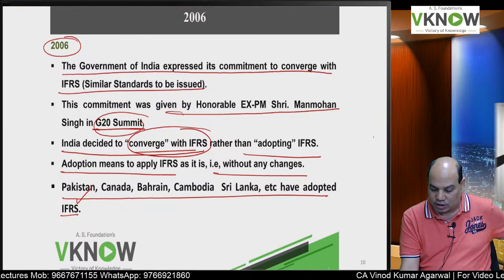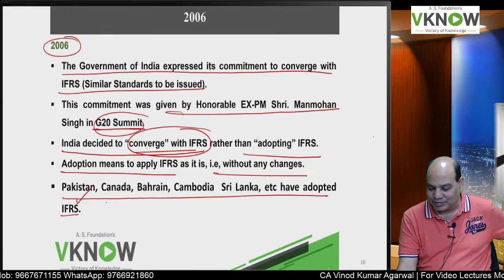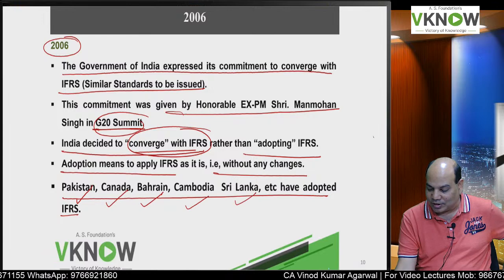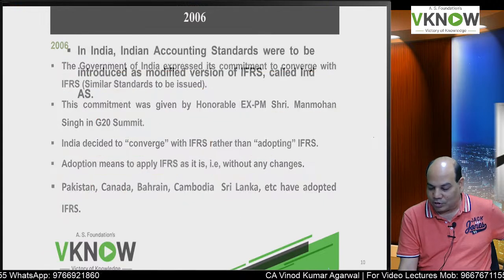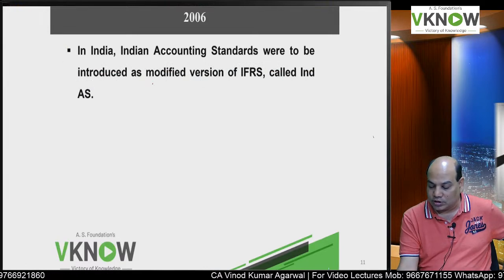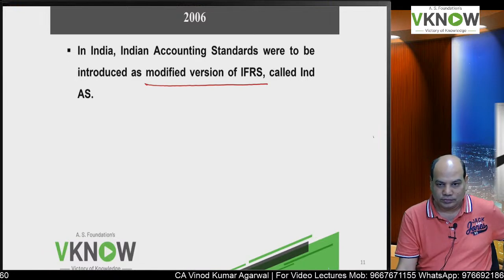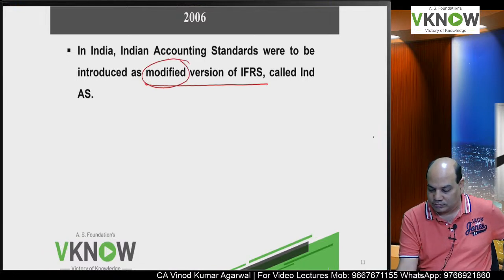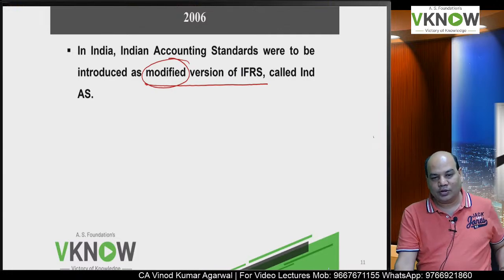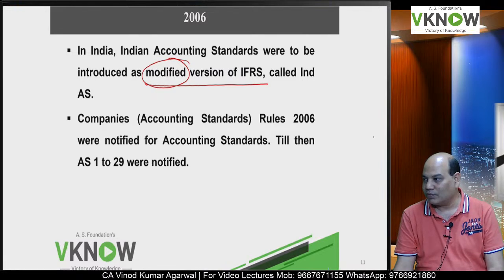Like our friendly neighbor Pakistan, Canada, Bahrain, Cambodia, Sri Lanka, they have adopted IFRS. But India has decided not to adopt IFRS. India has decided to introduce a modified version of IFRS. So that is why it is called the converged version of IFRS.